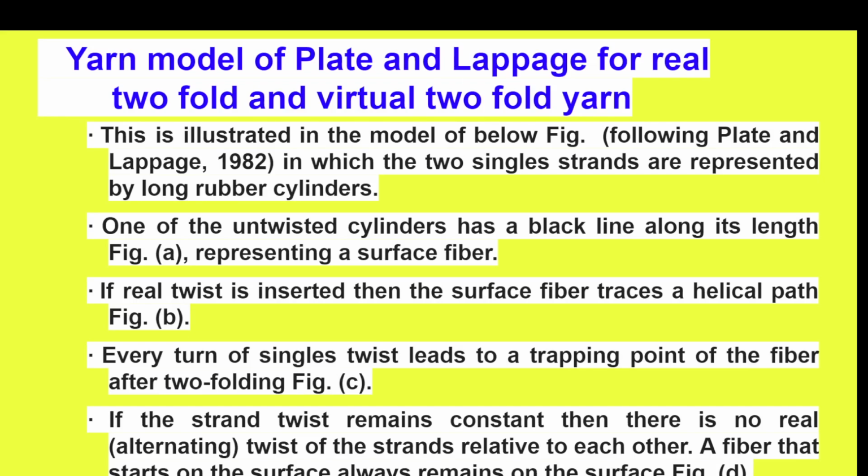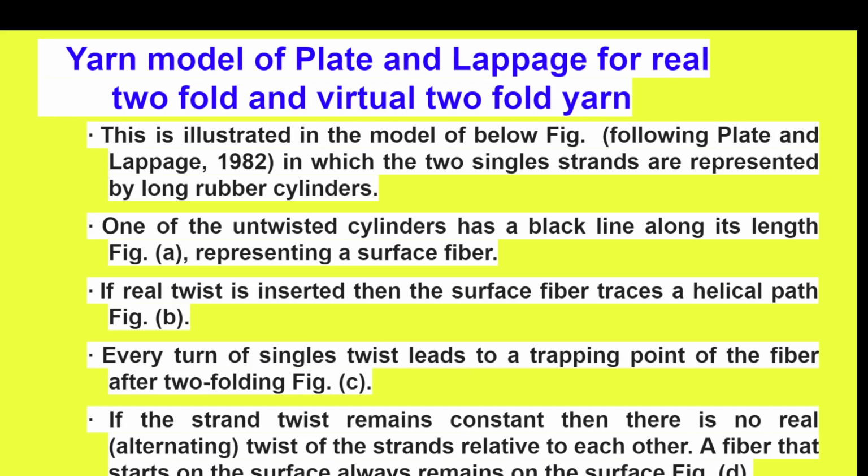This is illustrated in the model of the below figure following Plate and Lapis 1982, in which the two single strands are represented by long rubber cylinders. In picture A, two long rubber cylinders have been shown.